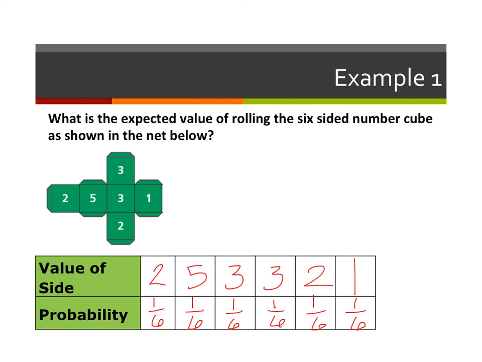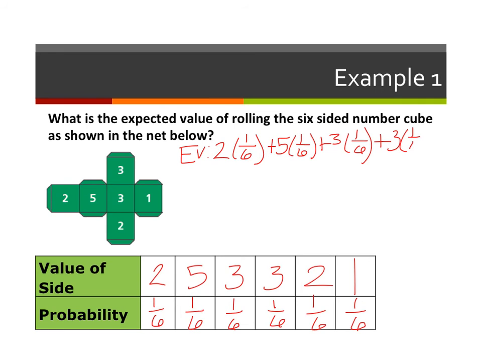So when we go to find expected value, or EV as shorthand, we're going to do 2 times 1/6 plus 5 times 1/6 plus 3 times 1/6. So we're just basically multiplying each face value by its probability, and we're going to add it all together.